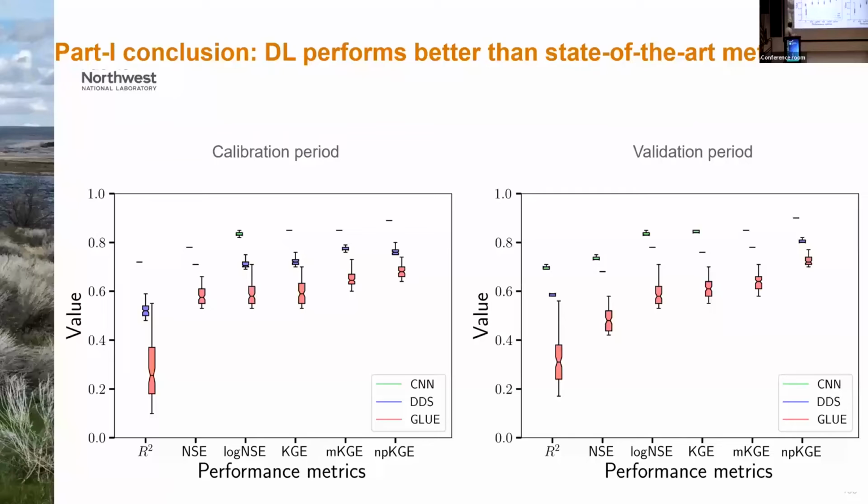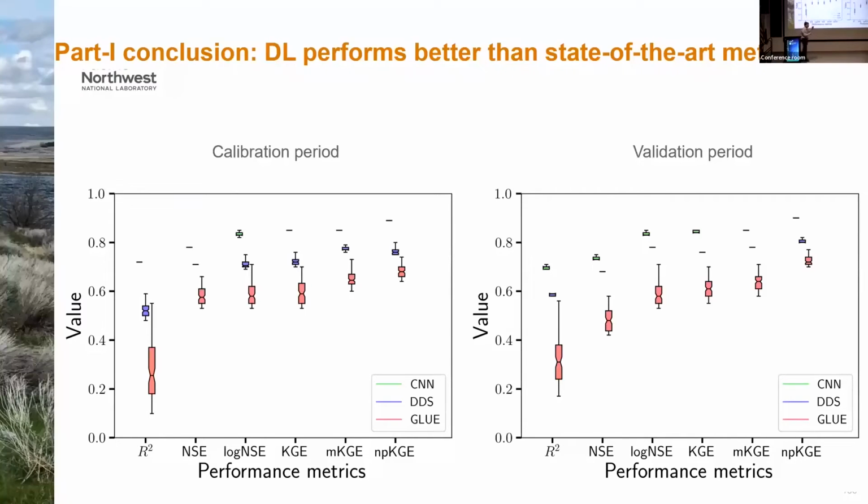Across all the metrics, the green one, which is the deep neural network, outperforms both existing state-of-the-art methods, not only for the calibration period, but also for the validation period. So this instills confidence that the ML method performs better than existing methods, and we can use it in our MODEX workflows for calibrating high dimensional parameters.